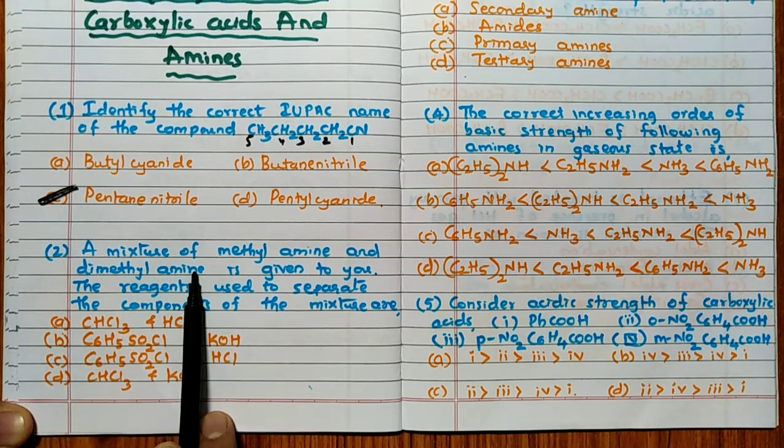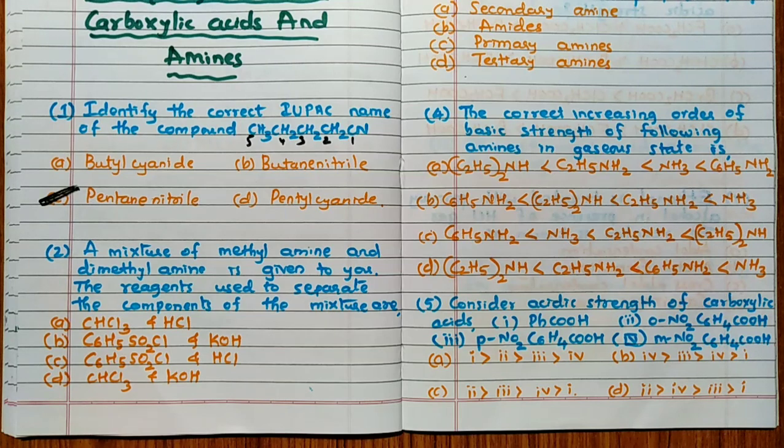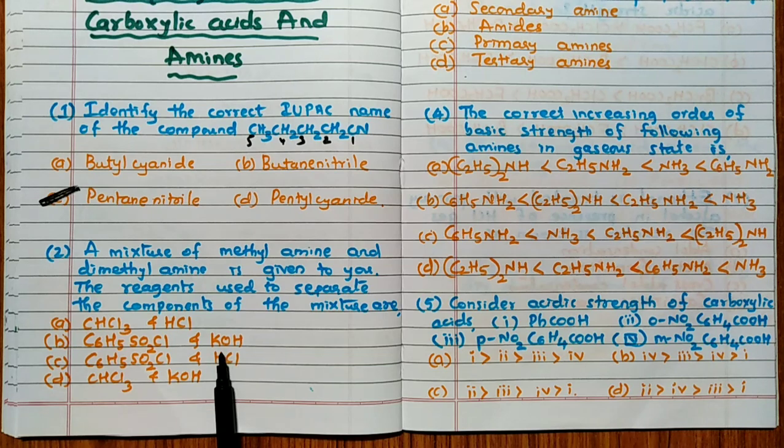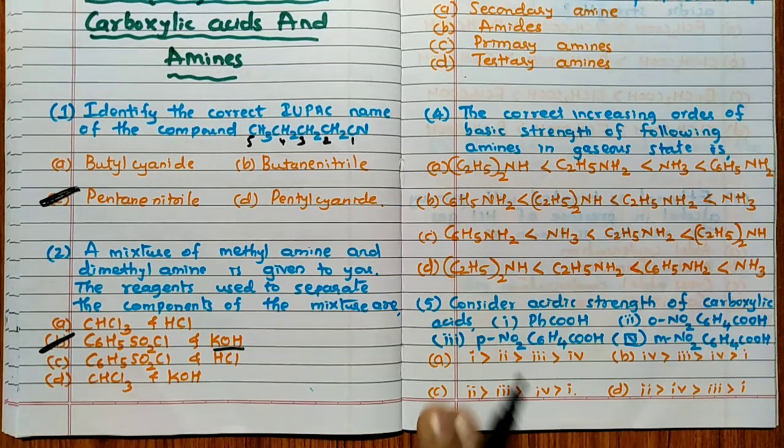We have discussed in NCERT that benzene sulfonyl chloride, the Hinsberg reagent, C6H5SO2Cl, is used to distinguish primary, secondary and tertiary amines. The primary amine forms a compound with C6H5SO2Cl that is soluble in alkali, the secondary one is insoluble in alkali, and tertiary does not react. Hence the answer for this question is B, KOH should be there.